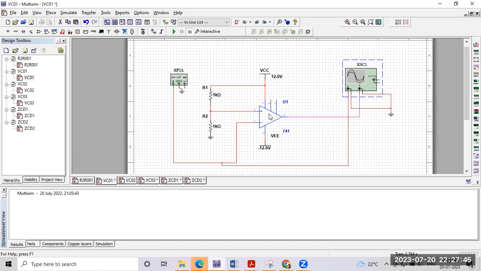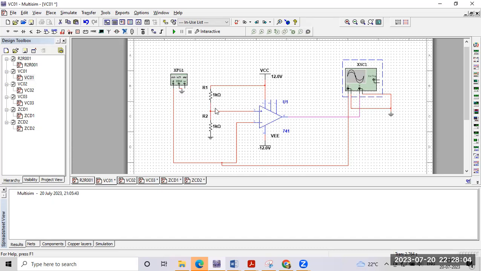Just observe here. The positive signal generator I'm going to give to the inverting terminal, which means it is an inverting voltage comparator.